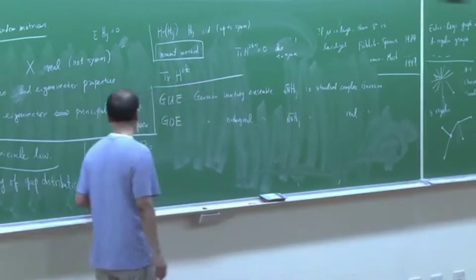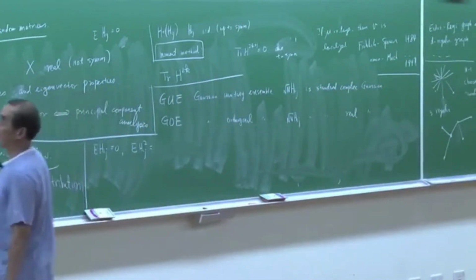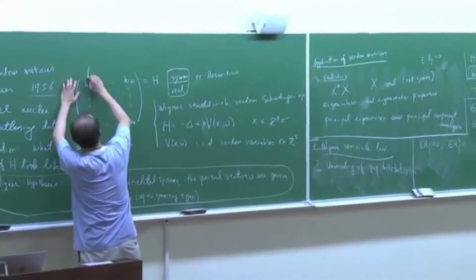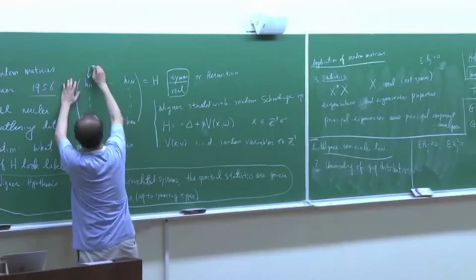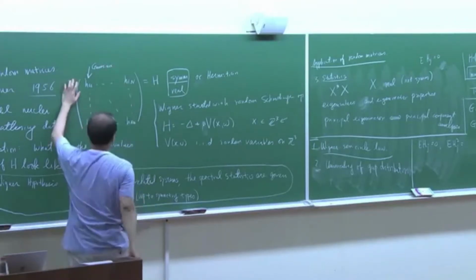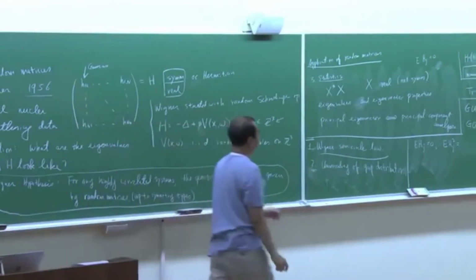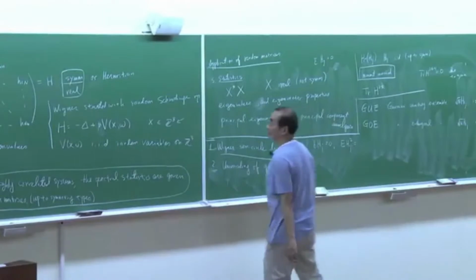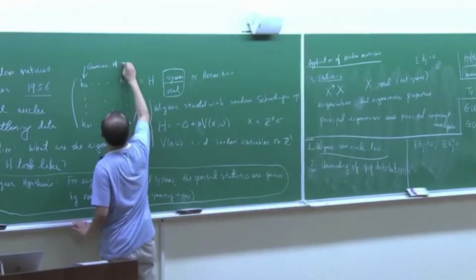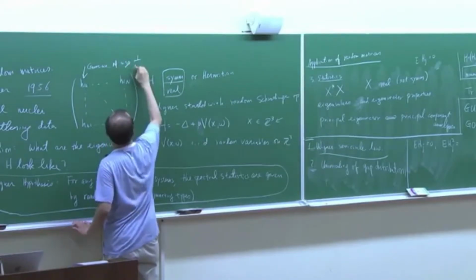So in other words, this matrix element, oh, here it is small h, a capital H. Each one is Gaussian, and roughly speaking, the size is Gaussian of size 1 over square root of n.